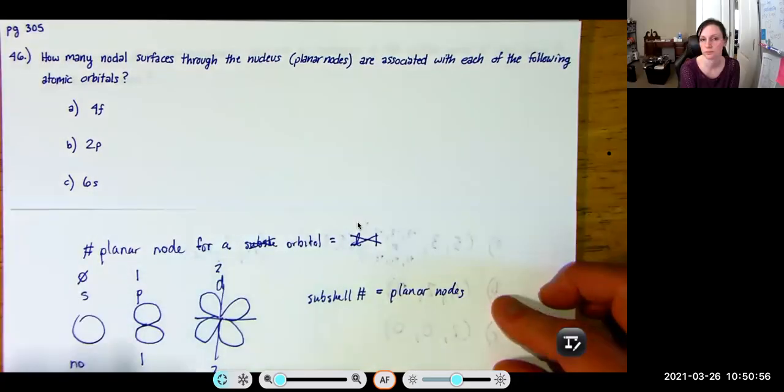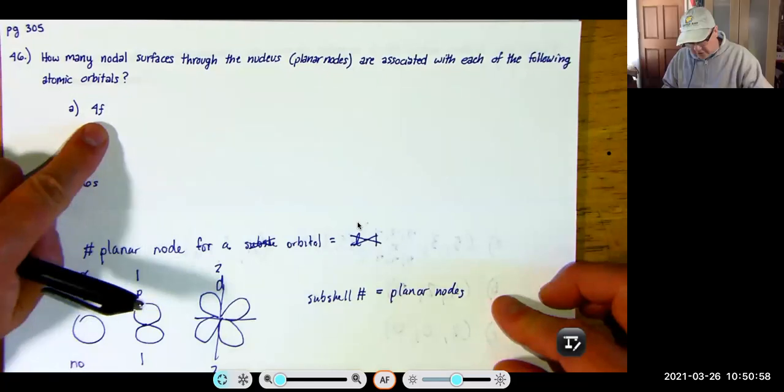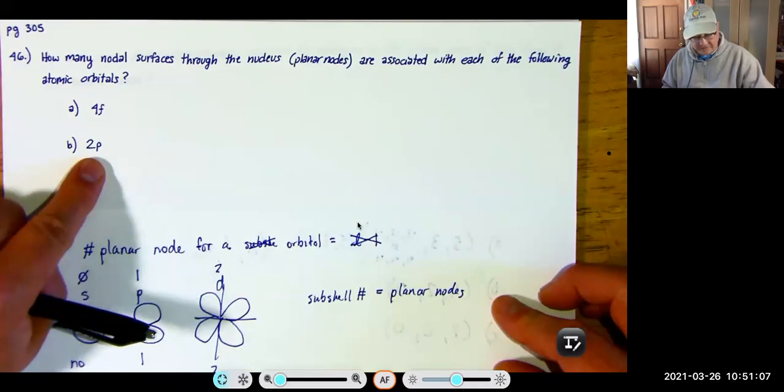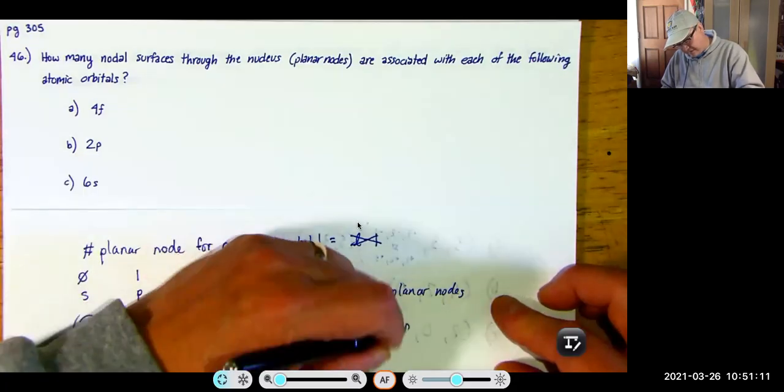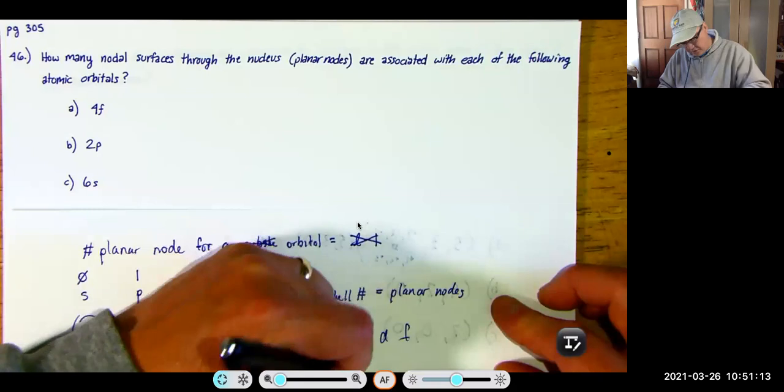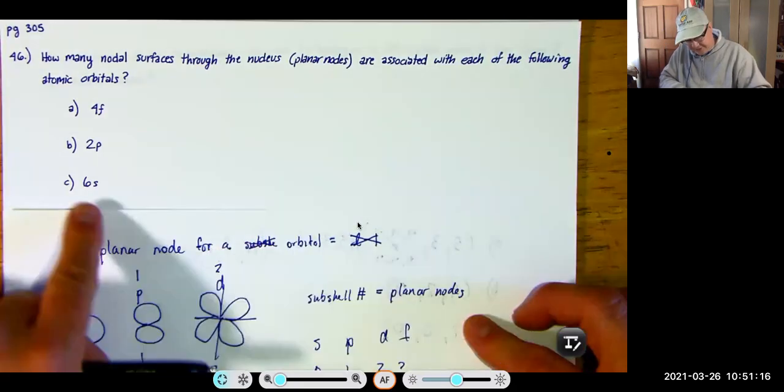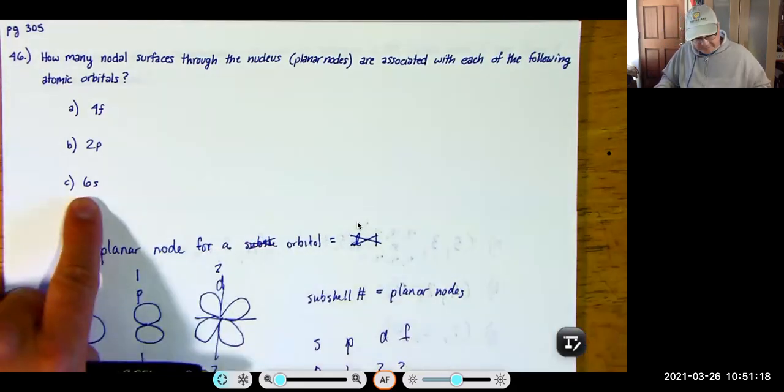So for this F, how many planar nodes do we have? 3. 3. How about for a 2p? 1. 1. How about a 6s? 0. 0.